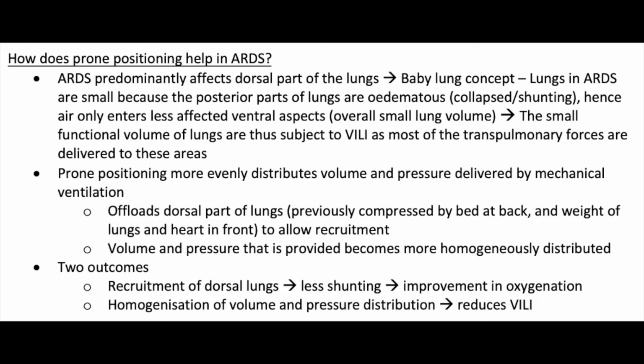Because of this, we will then see that the volume that you provide, the pressure that you provide, now it is more homogeneously spread across both the dorsal part as well as the ventral parts of the lungs. Now, the healthier parts of the lungs are then not subjected to the entire 6 mL per kg. They are protected. There's less volume trauma, there's less biotrauma.